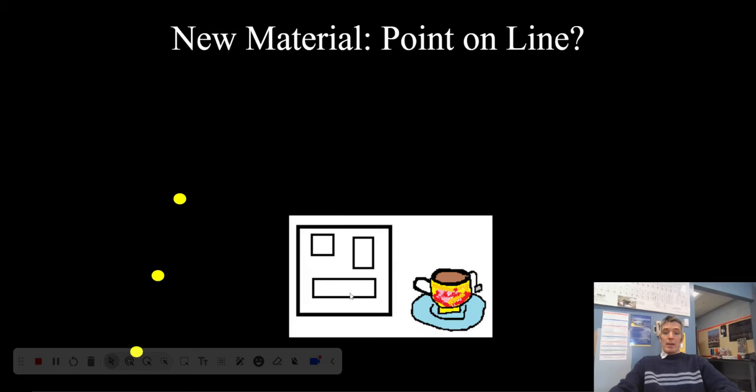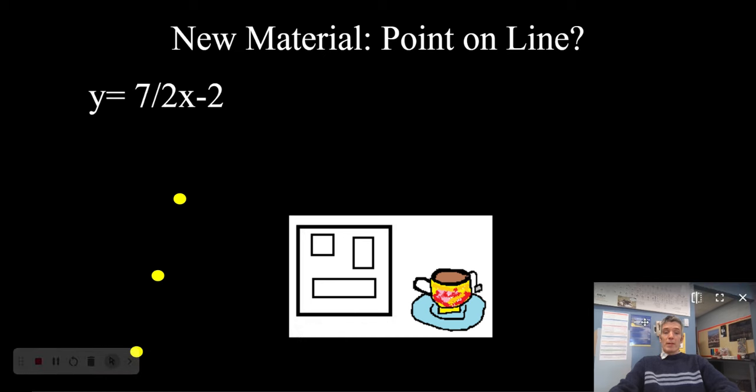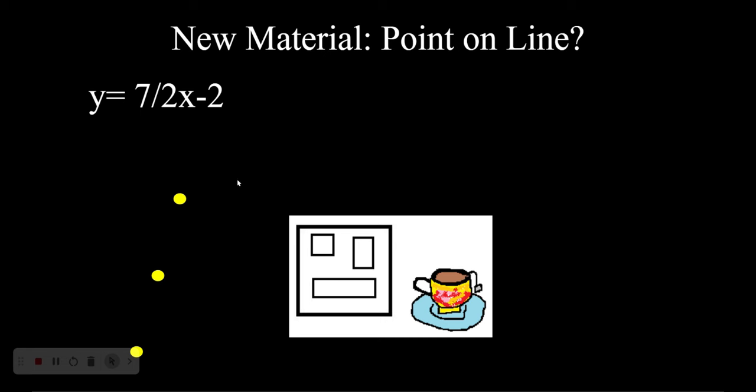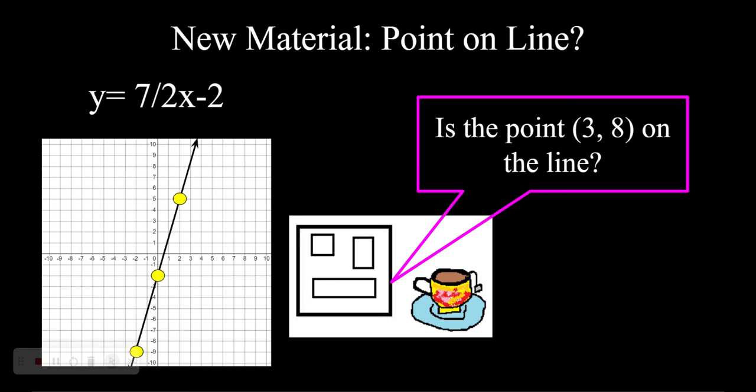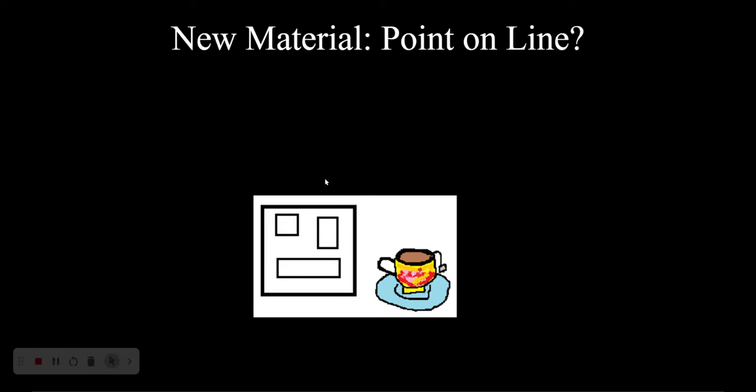All right. Now, here's some new material. We're going to be given an equation, and on your sheet you're going to have a graph. The question is, hey, does a point fit the line, or is it on the line? That's really what we're learning how to do today.